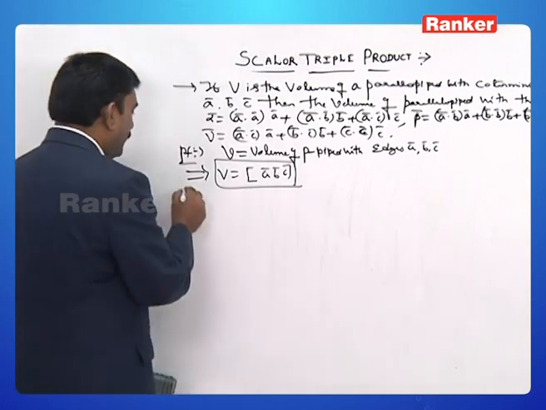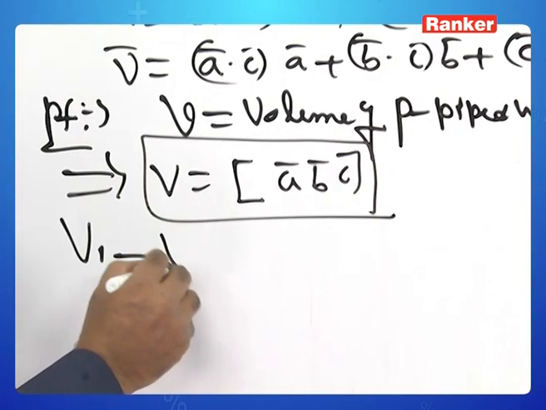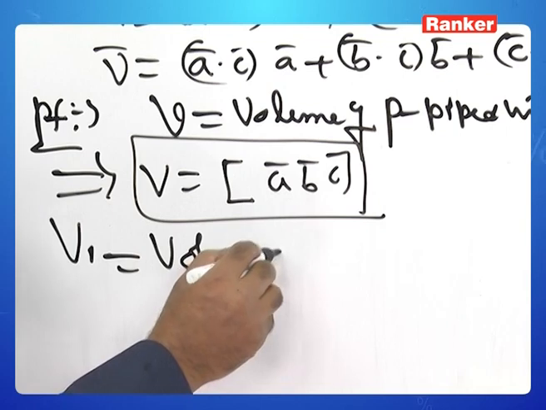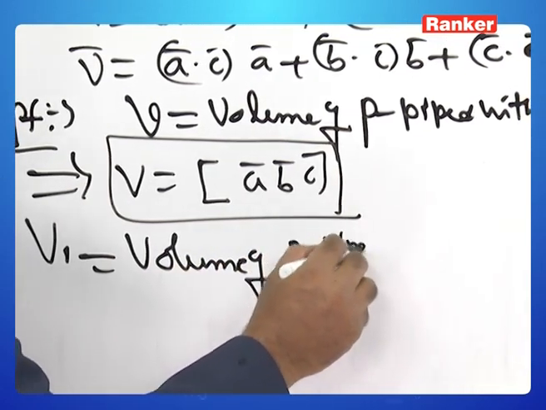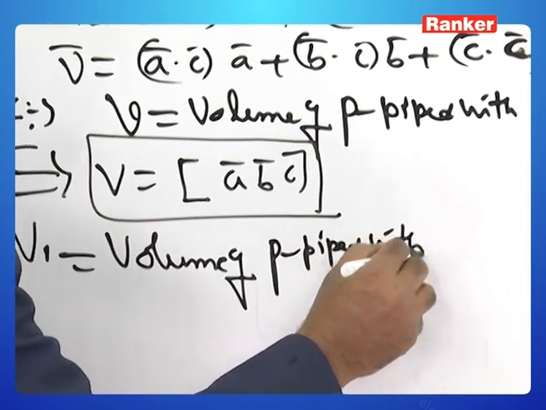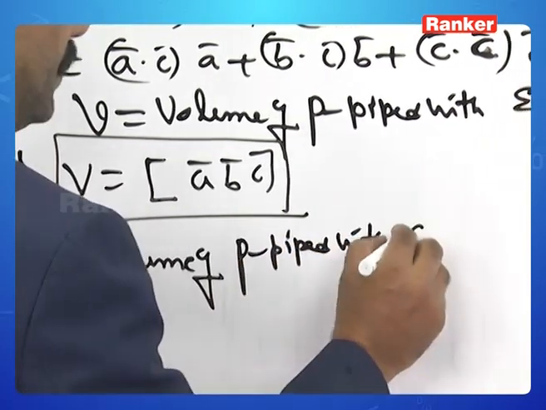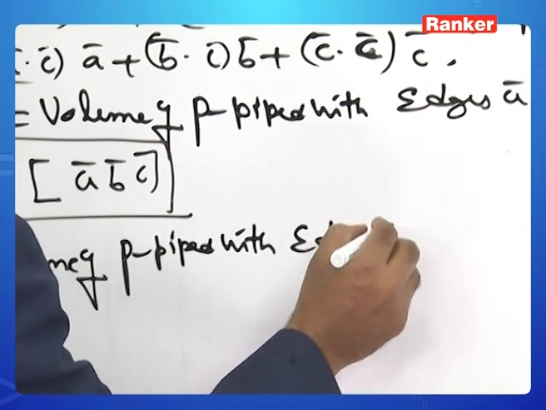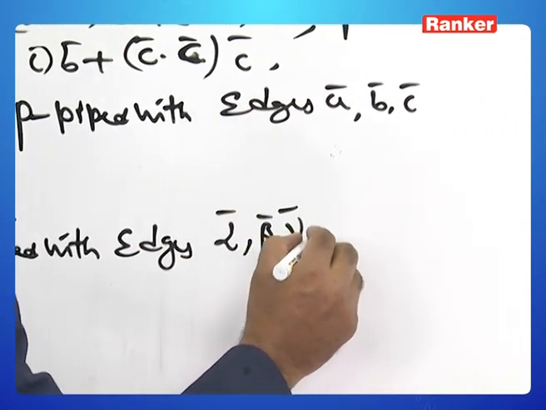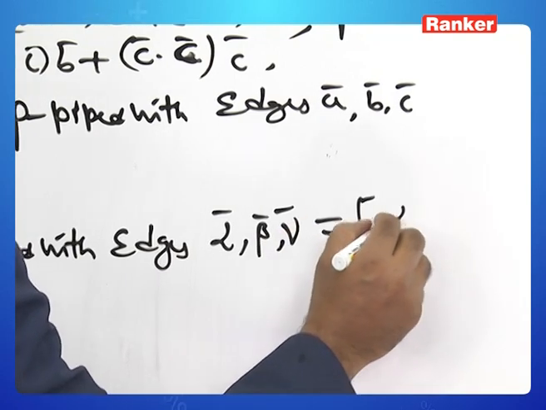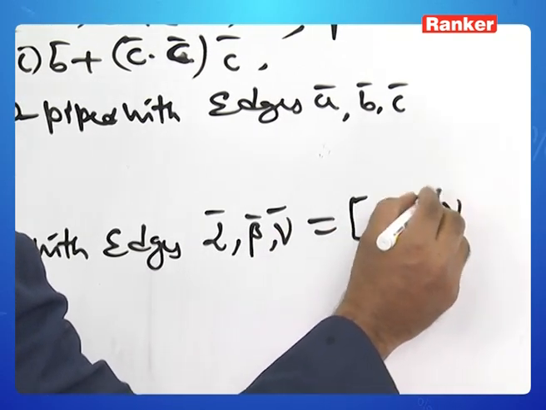Now I want to find V1, the volume of the parallelepiped with edges alpha bar, beta bar, gamma bar, which is equal to box of alpha beta gamma.